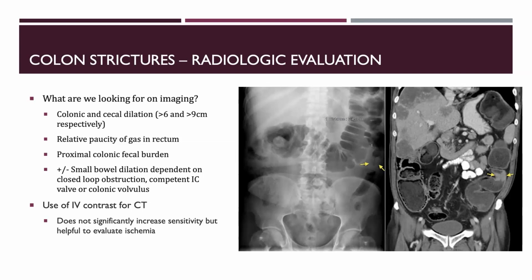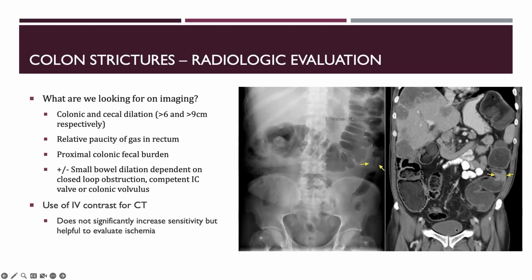There's also, you can have plus minus small bowel dilation, and that really is more dependent on whether you have a competent IC valve or if you have a colonic volvulus. For some patients, you can have significant fecalization of stool all the way through the small bowel because their IC valve is very accommodating, and you can see that on imaging.